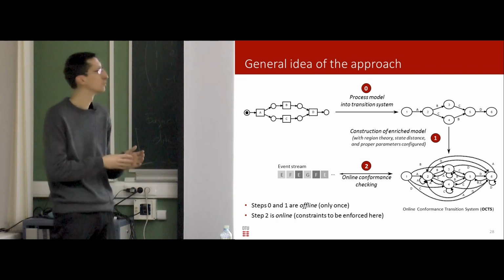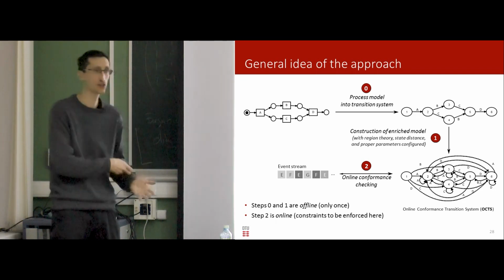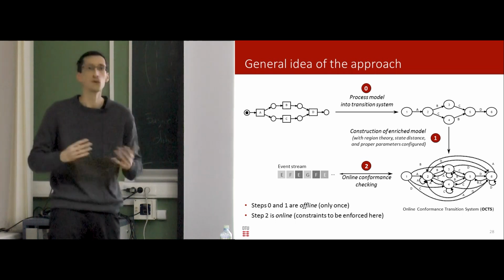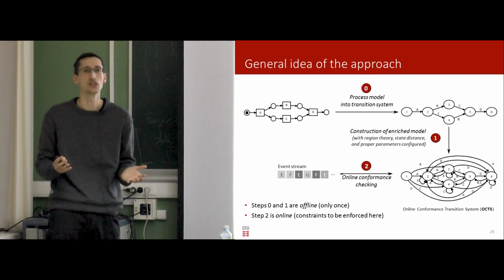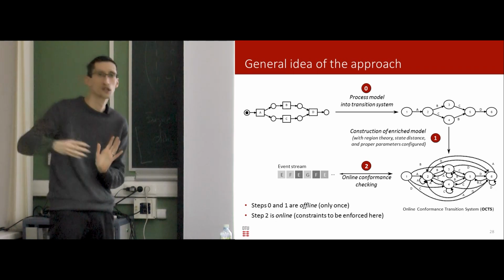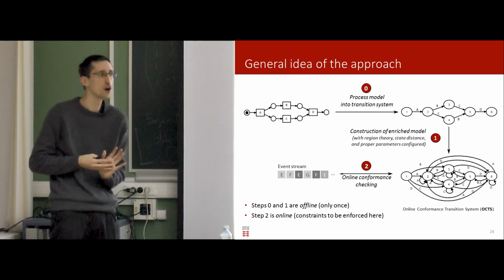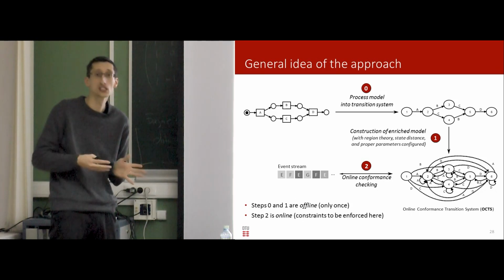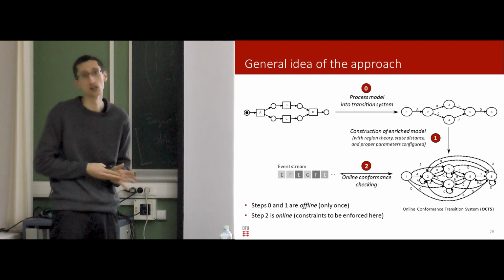So if you just do what is called a partial trace, so you start your execution and then you suddenly stop, we cannot know if this is a deviation. And that's because we are analyzing the events in real time. So we receive this event, but we don't know if the event afterward, that process execution is going to continue or not.